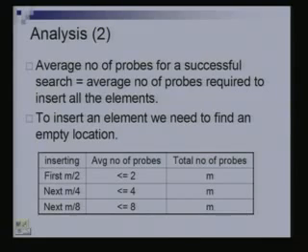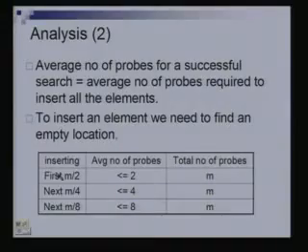Suppose I've already inserted 48, 49 elements. When I'm trying to insert the 50th element, what is the expected number of probes that are required? Half of the table is empty. So when I try once, I'll maybe hit a full location. Maybe when I try again, in expectation, I'll just need 2 probes to be able to insert this 50th element.